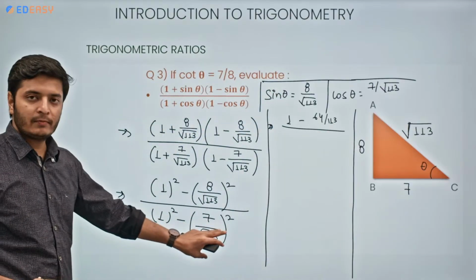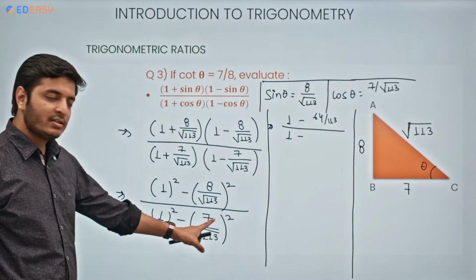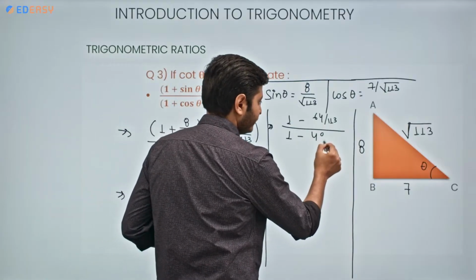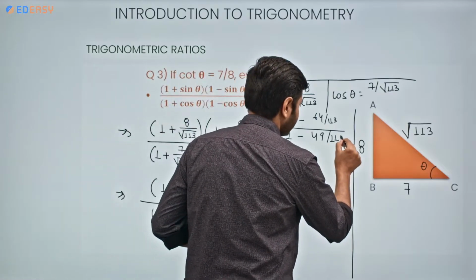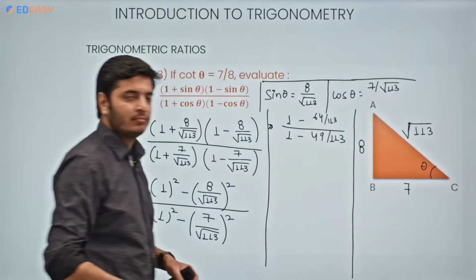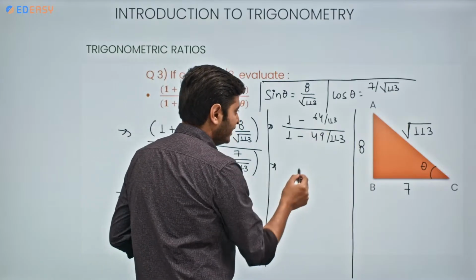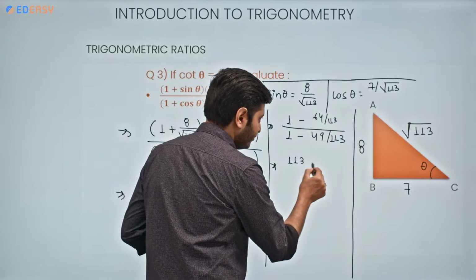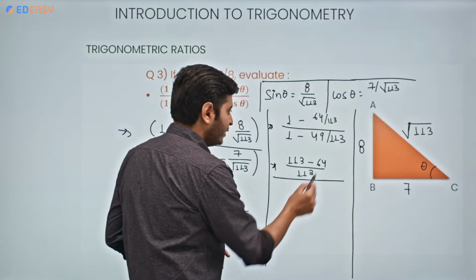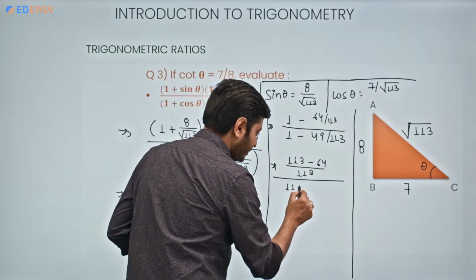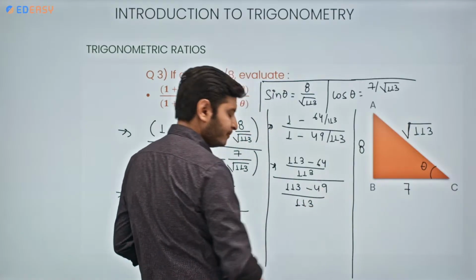And in the denominator of the whole expression, 1 square would be 1 minus 7 square, 49, divided by under root 113 square, 113. Now we can take LCM in the denominator and numerator both. So the upper side will become 113 minus 64 by 113, and the whole divided by, here LCM again, 113 minus 49 divided by 113.